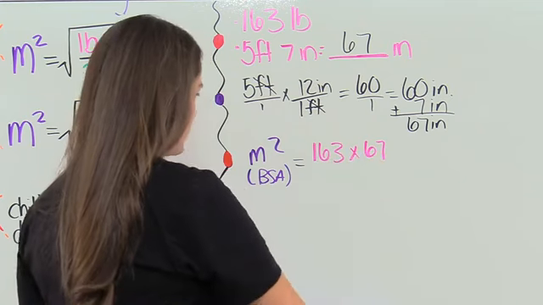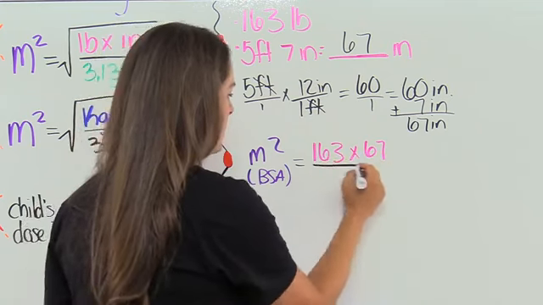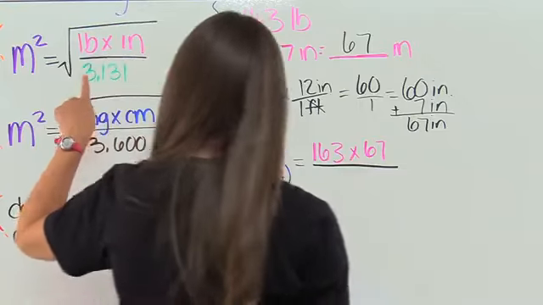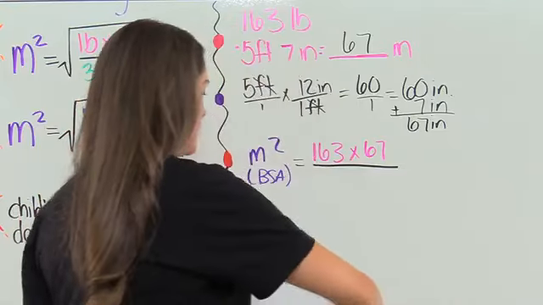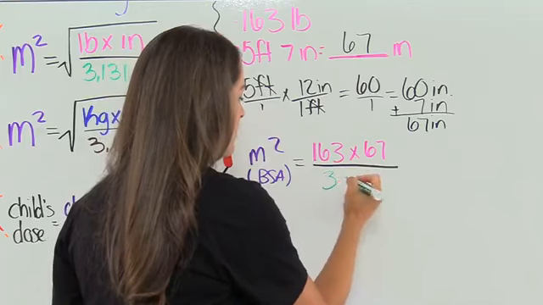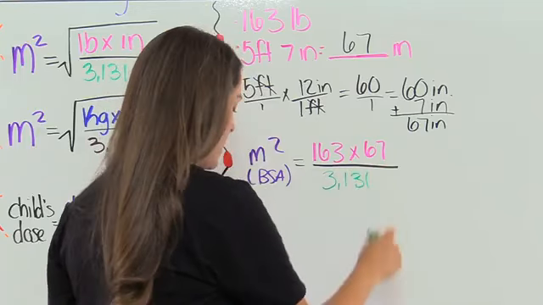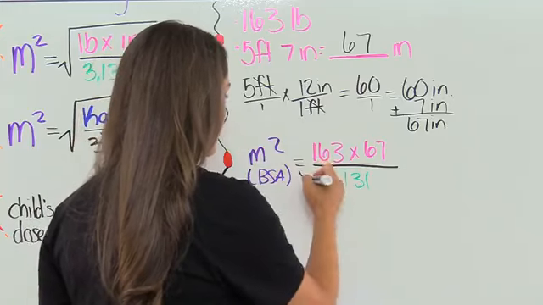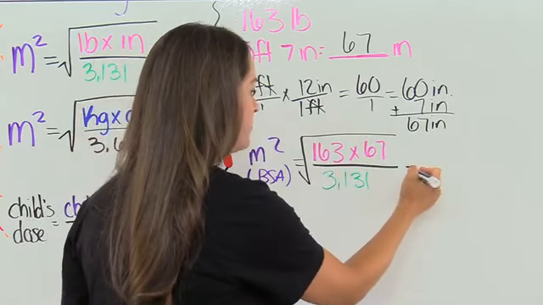And then we are going to divide that by 3,131. And again, don't get that confused with the other formula. That's the key with it. Make sure you keep your square root because we do that at the end.